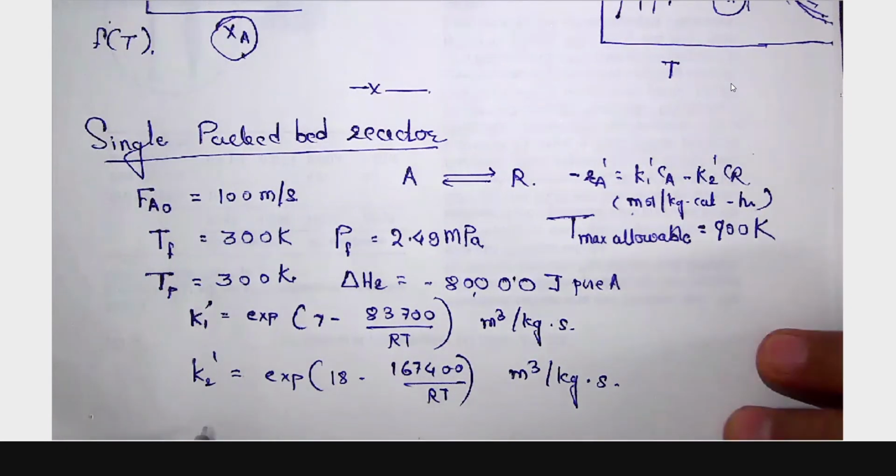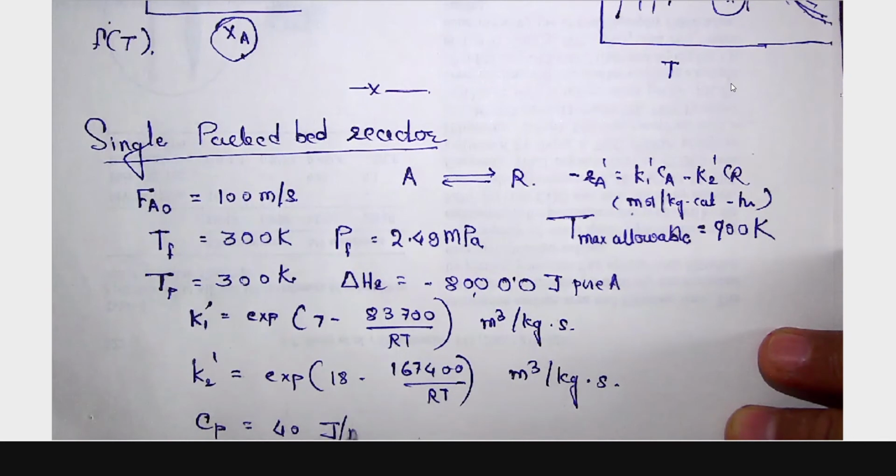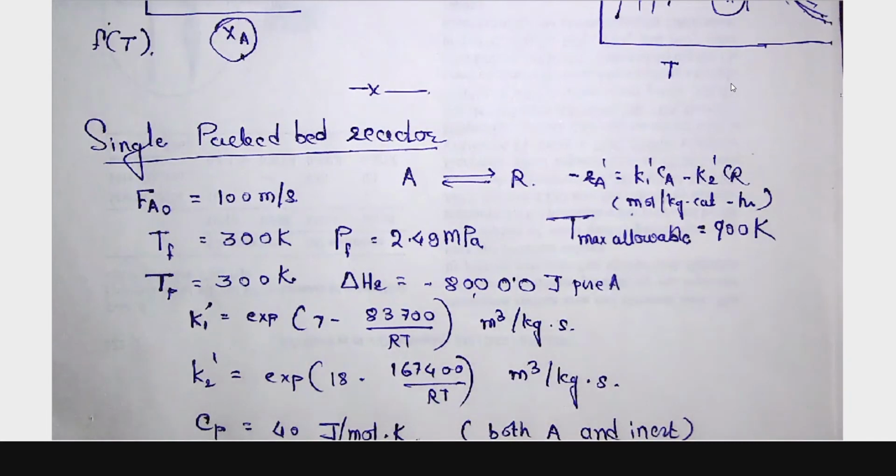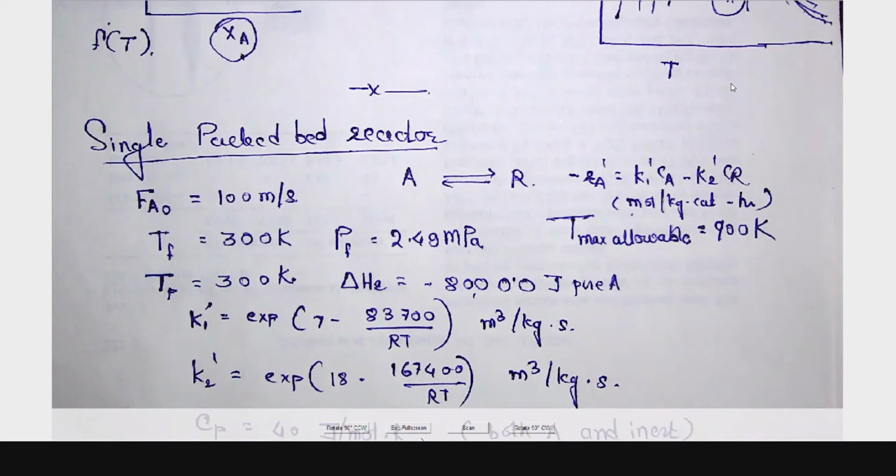And heat capacity is given as the same for both, and if there is inert, the same heat capacity. So this is the data given for the particular system, that is a single adiabatic packed bed reactor.